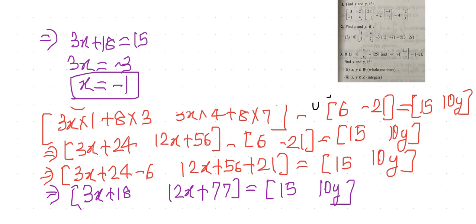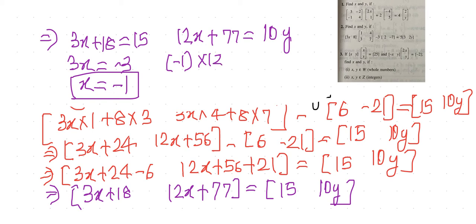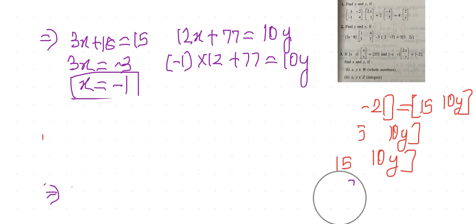And what about y children? We are getting 12x plus 77 is equal to 10y. So write down 12x plus 77 is equal to 10y. So x is how much? Minus 1. So minus 1 into 12 plus 77 is equal to 10y. Okay. Now we just solve it.